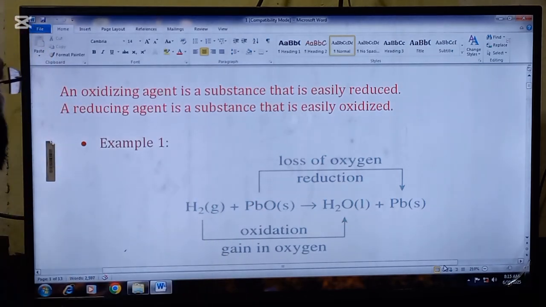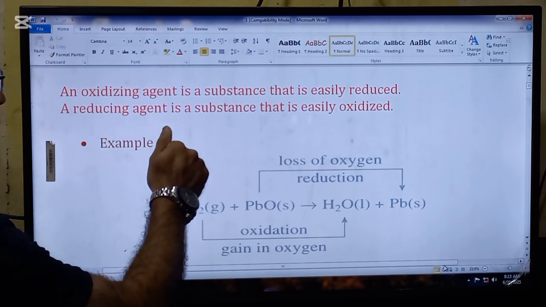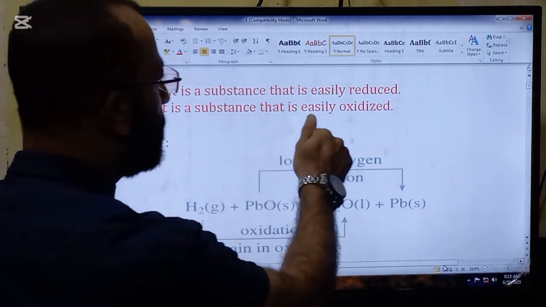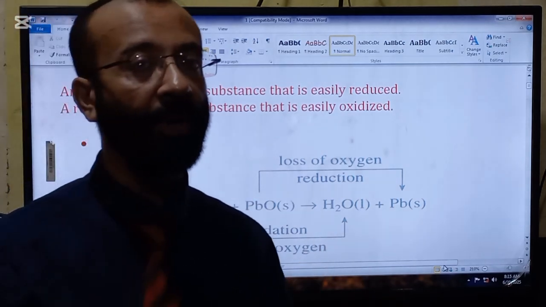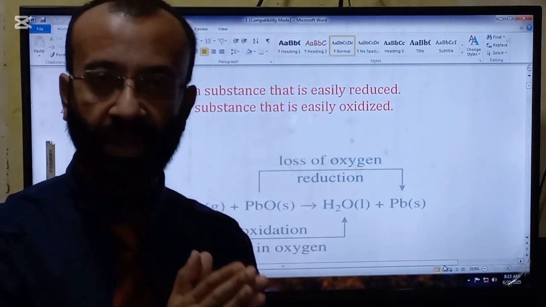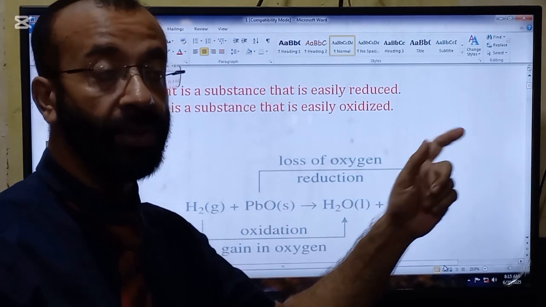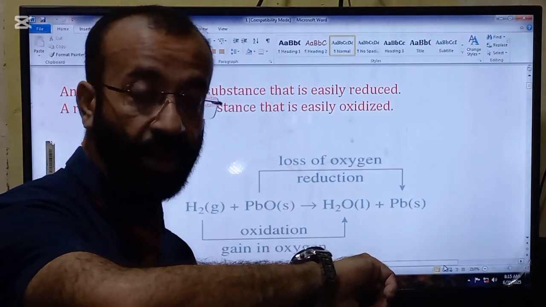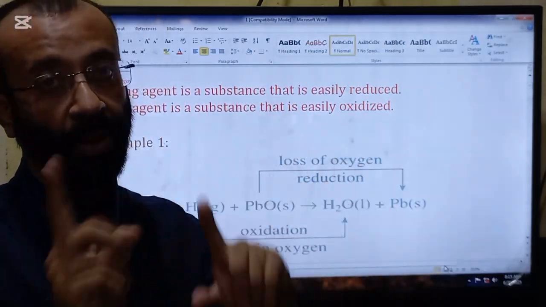Here are two more terms. An oxidizing agent is a substance that is easily reduced. Another very important point is here: if one agent is an oxidizing agent, it will be easily reduced. So the oxidizing agent is reduced and the reducing agent is oxidized.